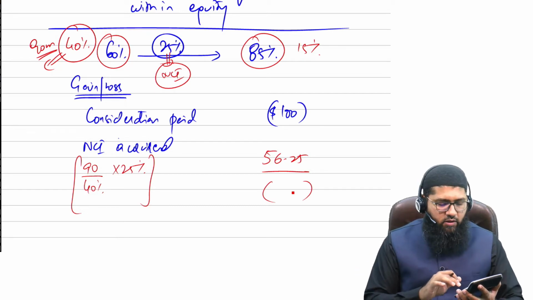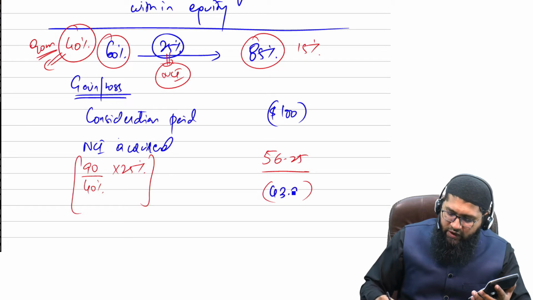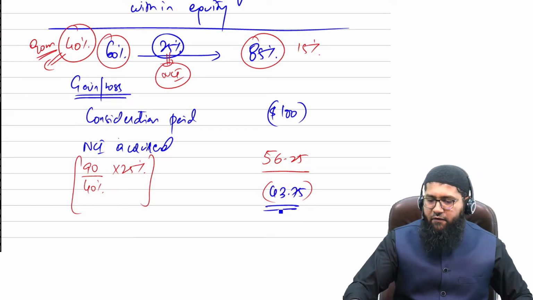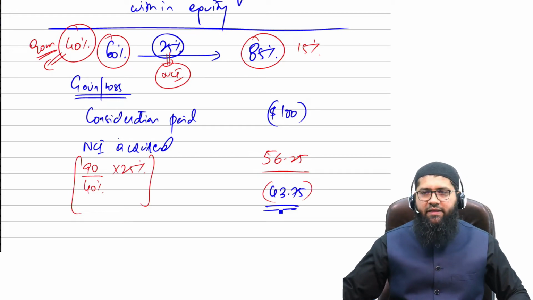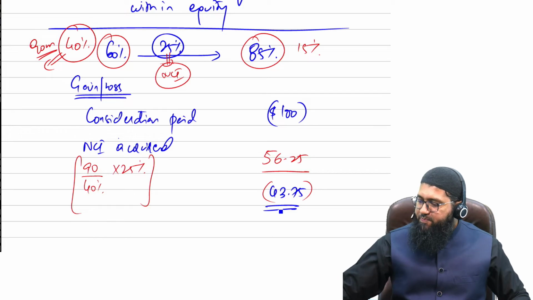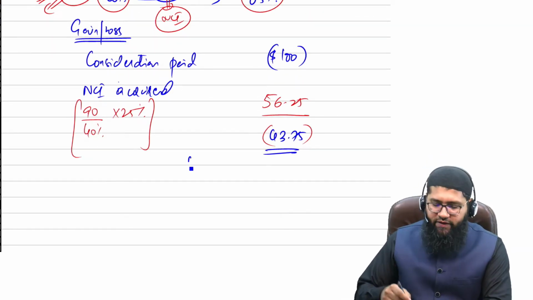So resultingly, there is going to be a 43.75 loss that is going to arise on this. Now, how exactly are you going to record the transaction?